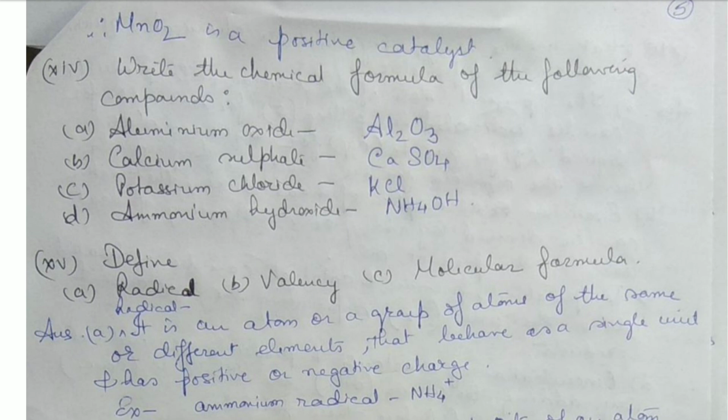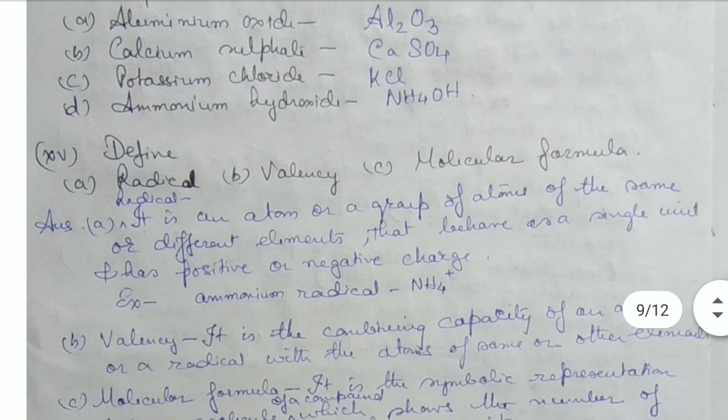Both of them have the same valency, so the valencies get cancelled, and therefore we write only CaSO4. Like that, potassium chloride KCl, K is potassium, Cl is chlorine, both having the same valencies, so the valencies cancel, and therefore we write KCl.